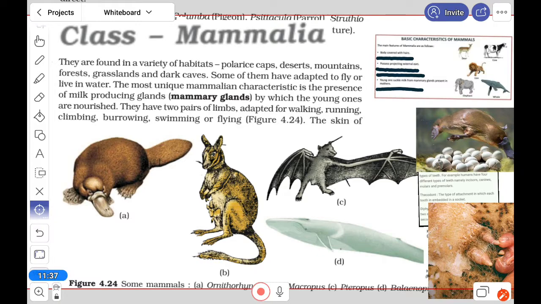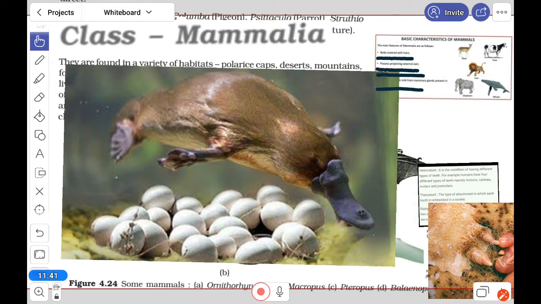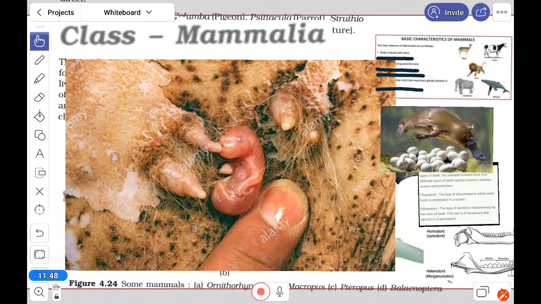Let's take a look at these photos. Here you can see the platypus with the egg. So it is egg laying. Here is a very interesting picture.